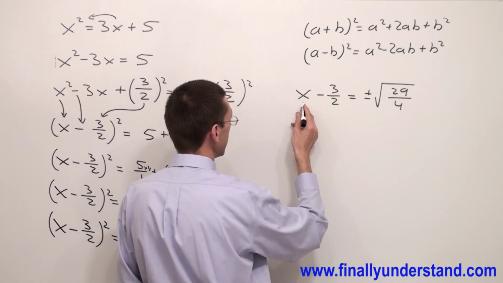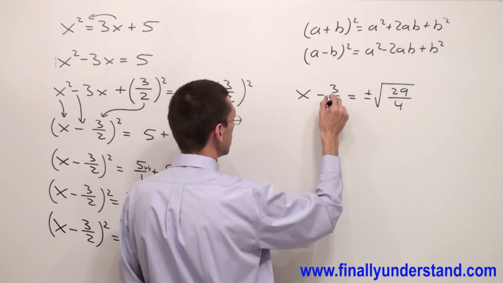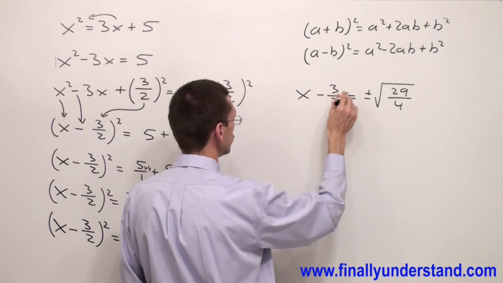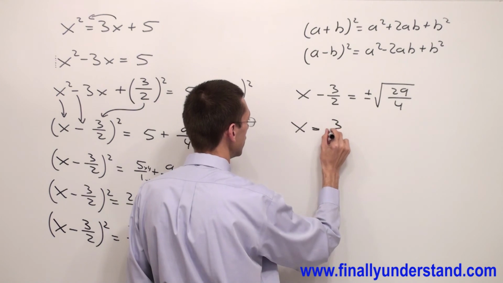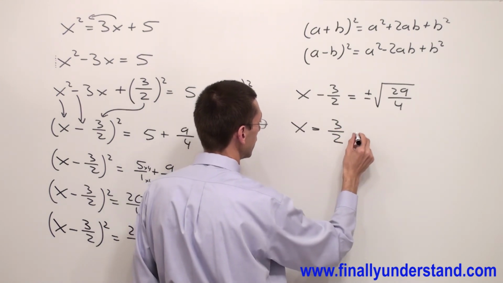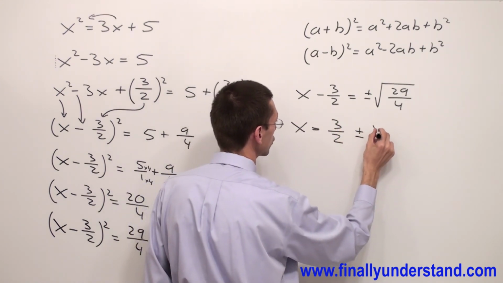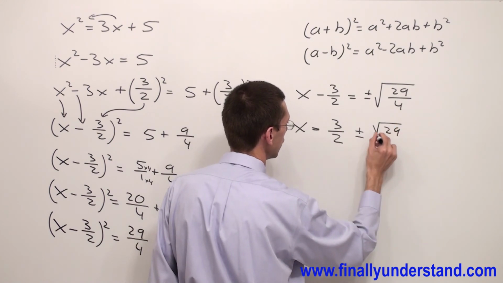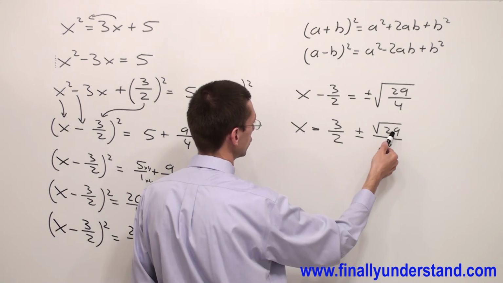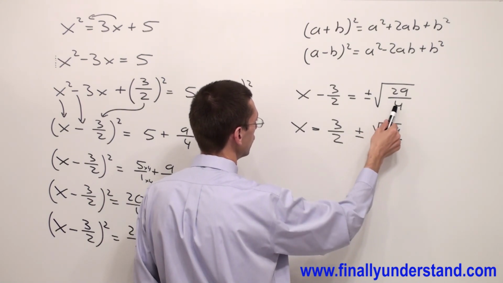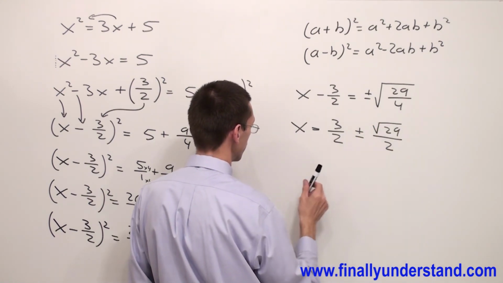In order to find x, I have to move negative 3 over 2 to the right side, and I'm going to have x equals 3 over 2 plus minus square root of 29 over 2. Because square root of 29 is just square root of 29, and square root of 4 is equal 2.